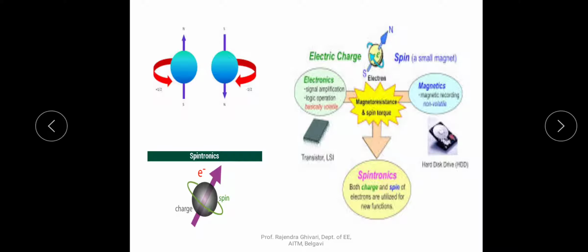Right, here you can see this. Spin can contribute a small magnet in electronics, in the magnetic field, and in all electronics equipment. So what we have seen is that spintronics is contributing to a large amount of electronics, in the case of hard disks and making memories.